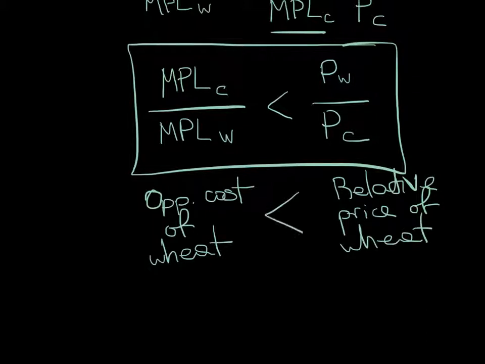This inequality simply states that if home can produce wheat at a lower opportunity cost than what it would cost to get wheat from the world market, home will specialize in the production of wheat. And this is the statement of the law of comparative advantage in the most general form.